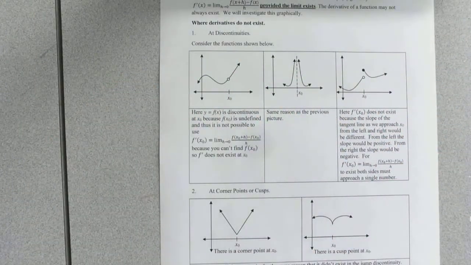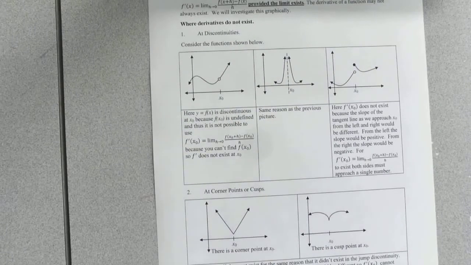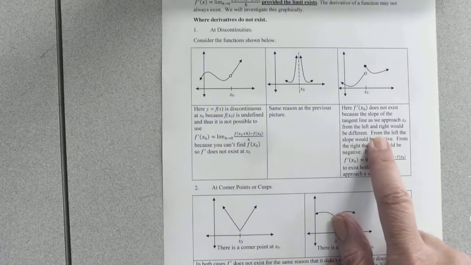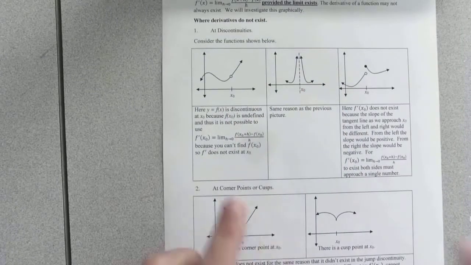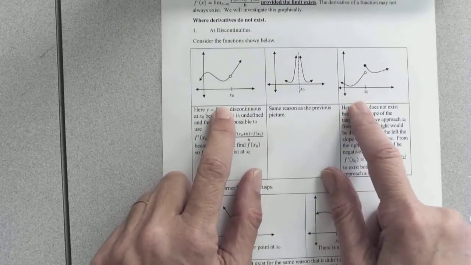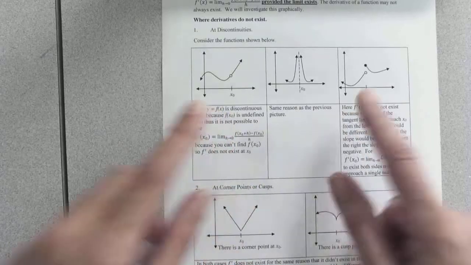As I come towards that discontinuity, the slopes aren't going to match. I've got different slopes on the left and right. If left and right are different, there is no limit. Now again, you don't have to remember the why, but in this case it's about slopes. This is about missing y coordinates. Just remember derivatives do not exist at discontinuities.